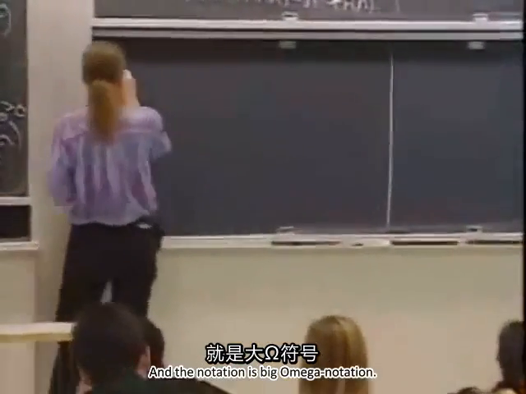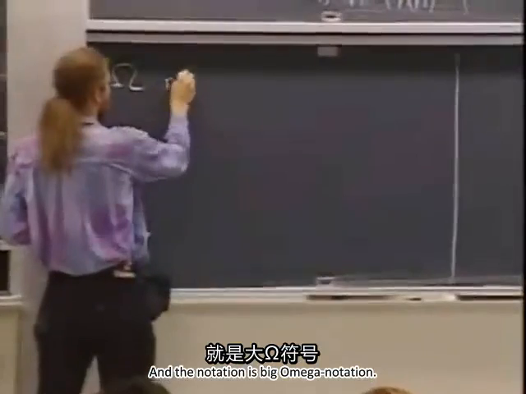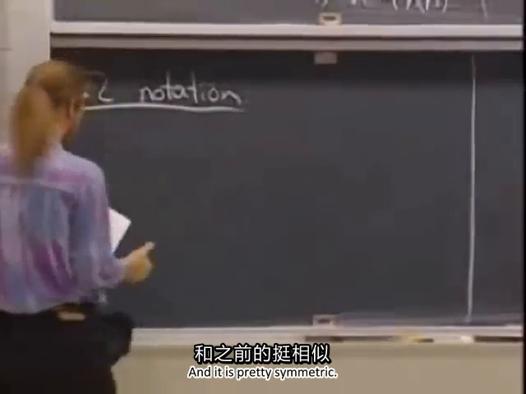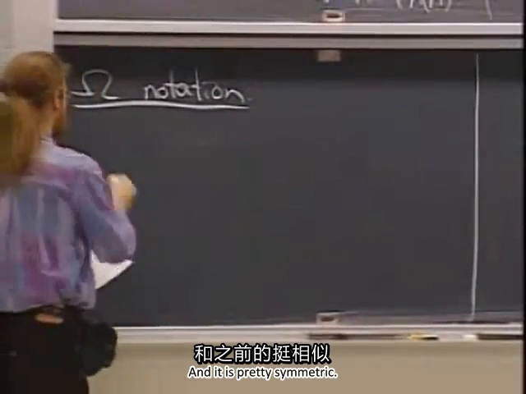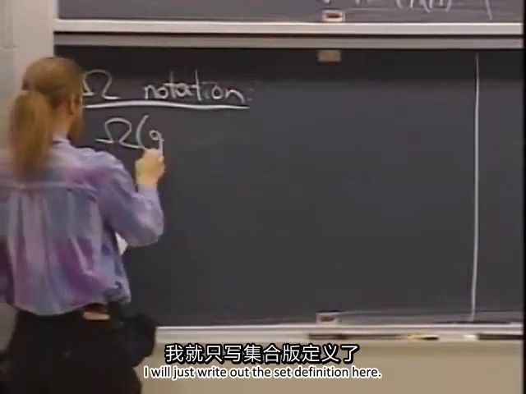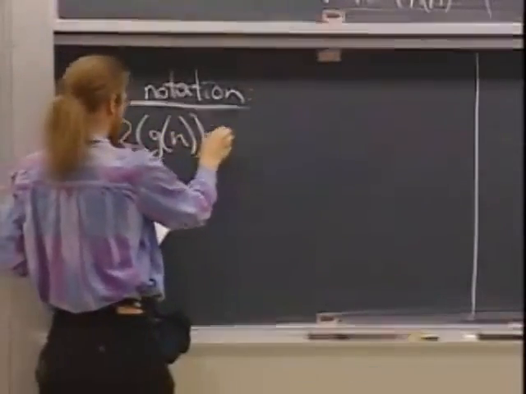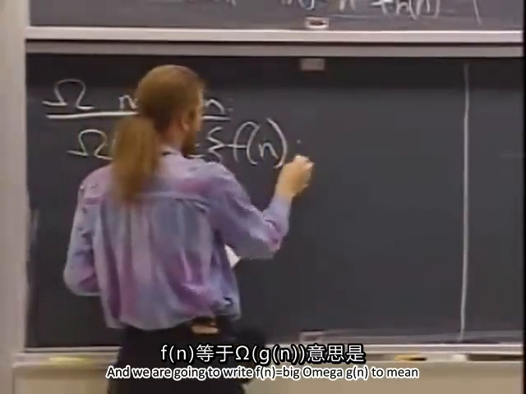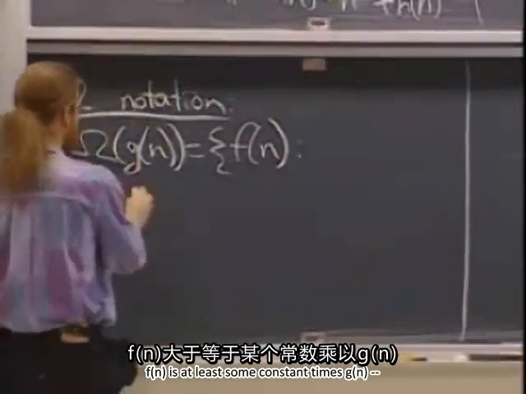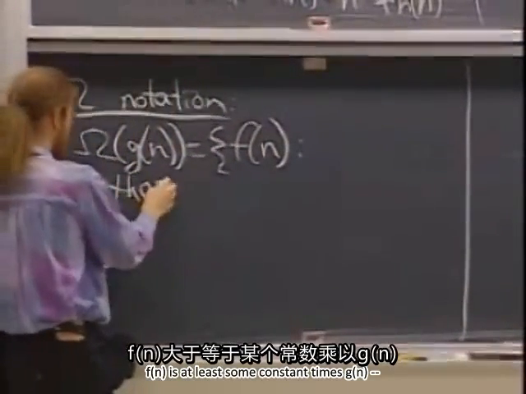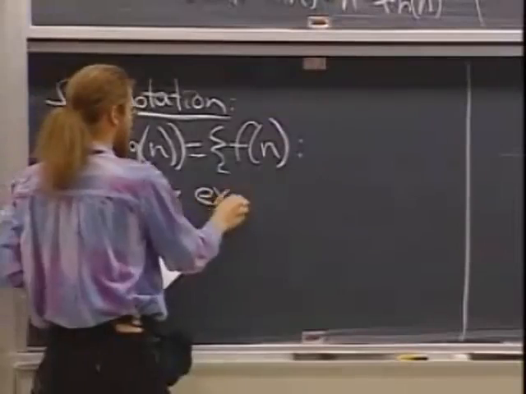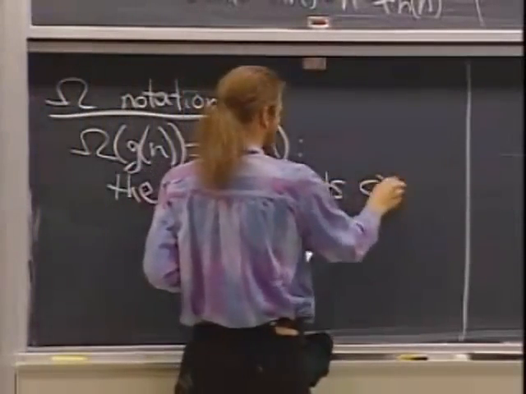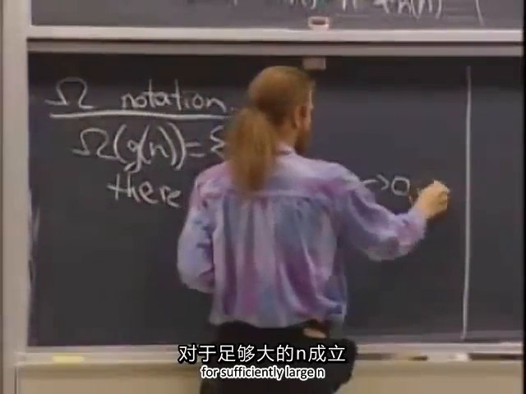And the notation is big omega notation. And it's pretty symmetric. I'll just write out the set definition here. And we're going to write f of n is big omega of g of n to mean f of n is at least some constant times g of n, for sufficiently large n.